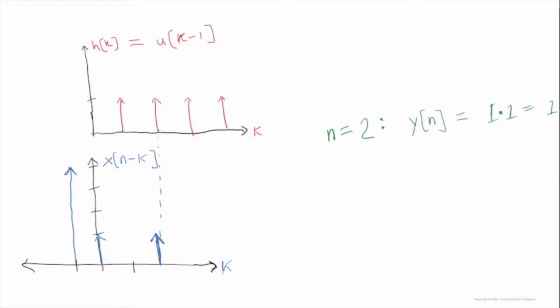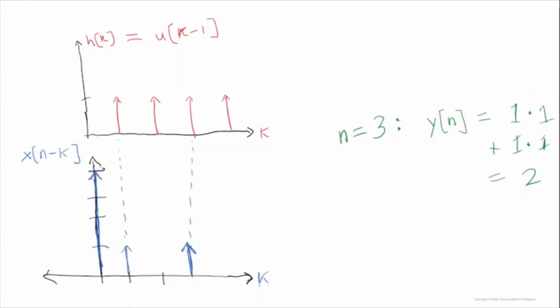Now let's take n equals 2. We see x of n minus k is shifted to the right by 2, since n equals 2, and we once again have overlap in one spot. So y of n for n equals 2 is 1 times 1, which is 1.